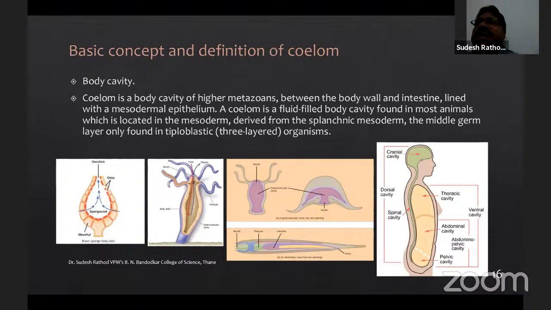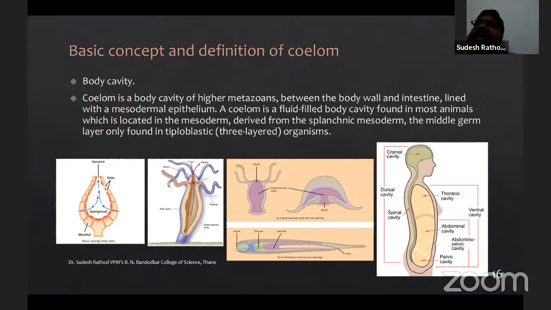Next is the gastrula-like organism, bilayered, called diploblastic coelenterates. In coelenterates, the archenteron which is developed in primitive gastrulation is retained as it is, and it works as the digestive as well as the coelomic cavity of the coelenterate.